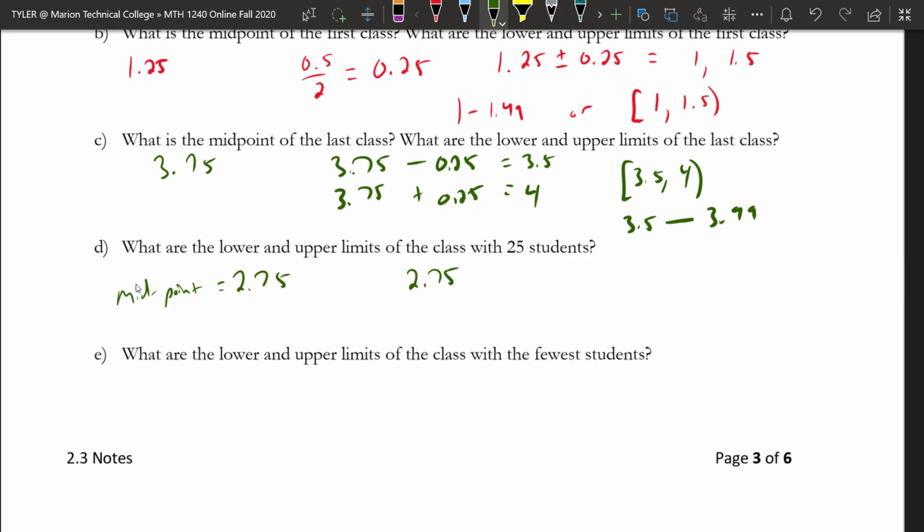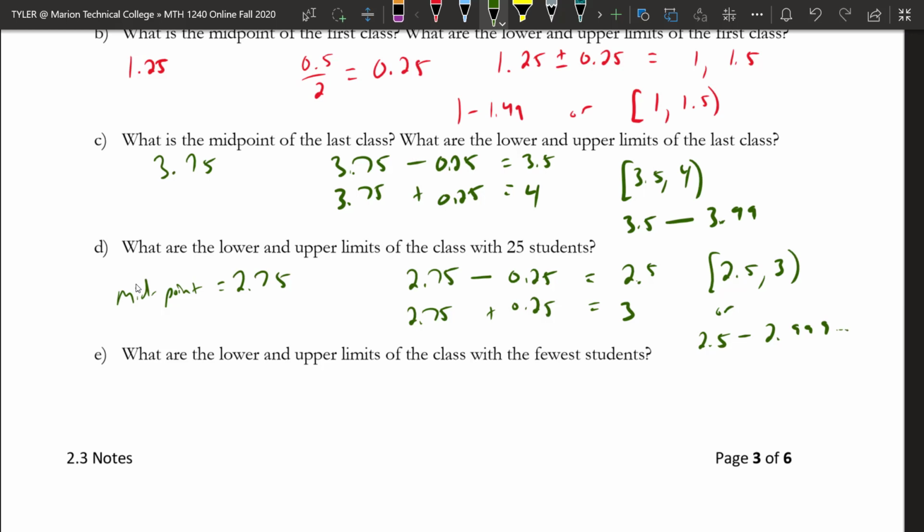You would take 2.75 minus 0.25 and 2.75 plus 0.25, just like before, and get 2.5 here and 3 here. So we'd be looking for the interval from 2.5 to 3, including 2.5, excluding 3, or in other words, 2.5 to 2.999, and so forth, trying to get as close as we can to 3 without equaling 3. So then part E is what are the lower and upper limits of the class with the fewest students.